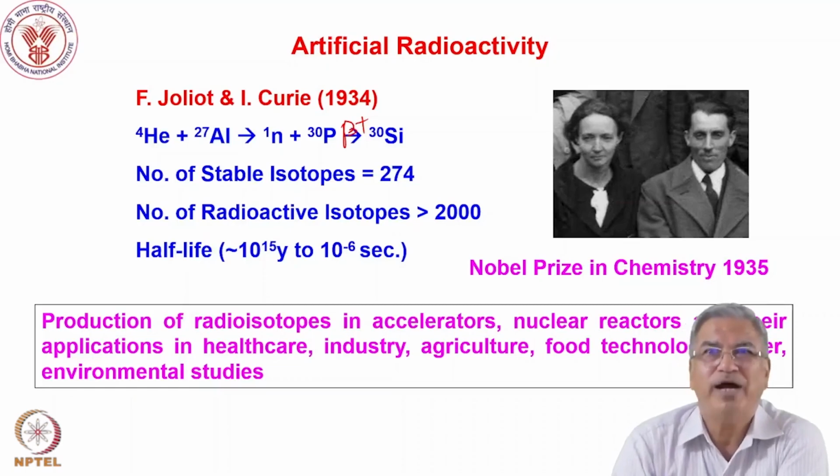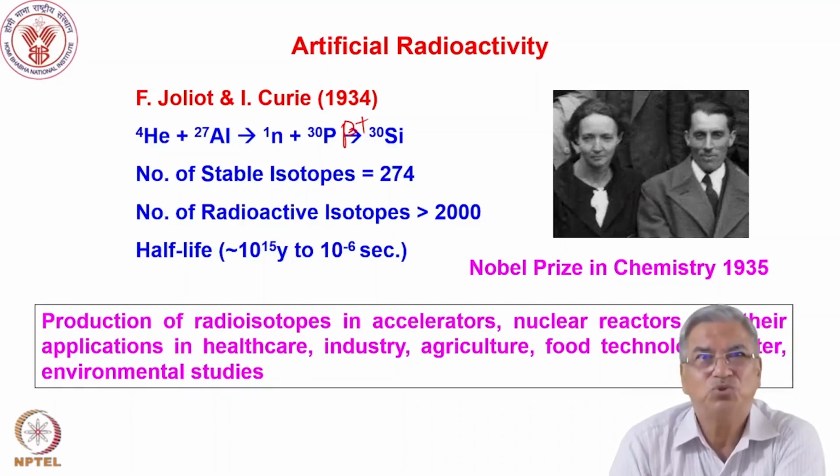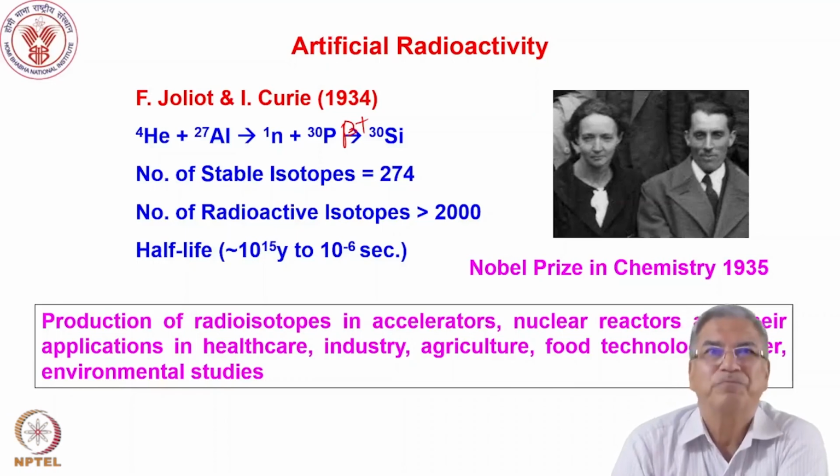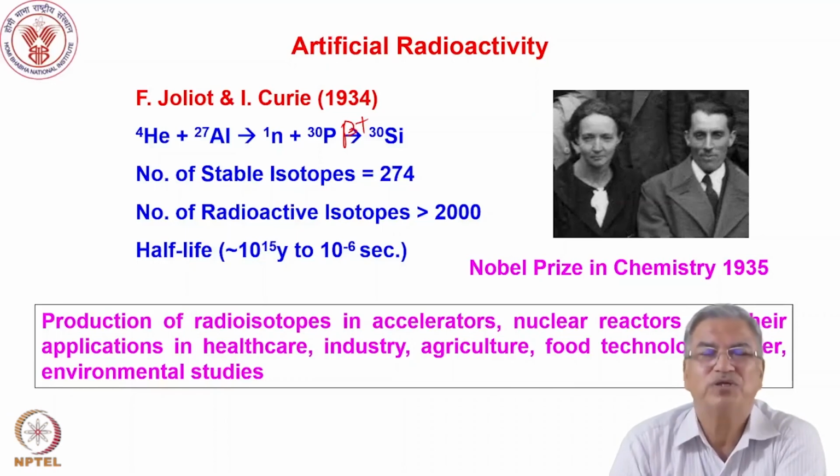This group also had actually seen neutrons, but they were unable to interpret the results. And in 1932, Chadwick discovered the neutron. This group was also studying the same reaction, but they missed the discovery. But then they were in for another discovery, that by artificial means you can produce radioisotopes.